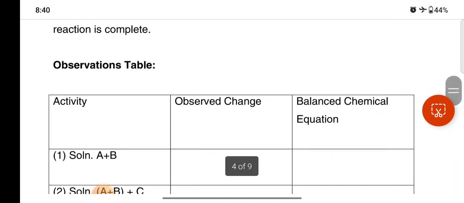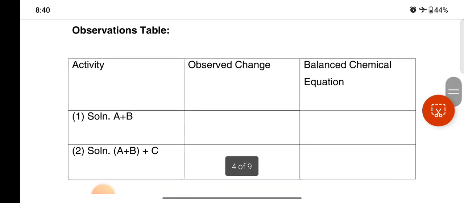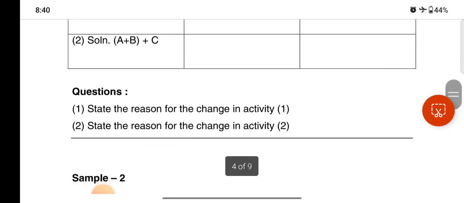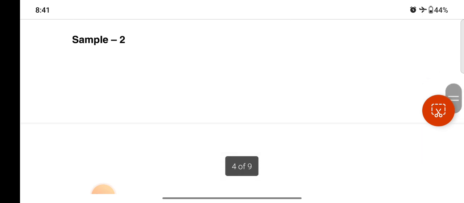Now observation table. First activity: solution A plus B. Observation: observed change. And lastly, balanced chemical reaction. Second, solution A plus B plus C. Now observation questions. State the reason for the change in activity first and state the reason for the change in activity second.